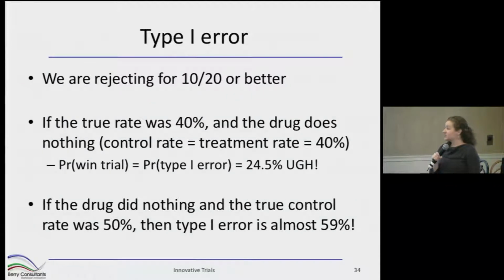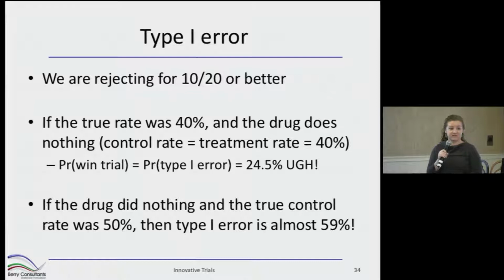So it actually turns out that if the true rate is 40%, the probability of a successful trial under that rule that we've created is no longer 4.8%. It's actually gone up to 24.5%. So this is our type 1 error rate if in fact our treatment and control are both 40% instead of 30% that we assumed.